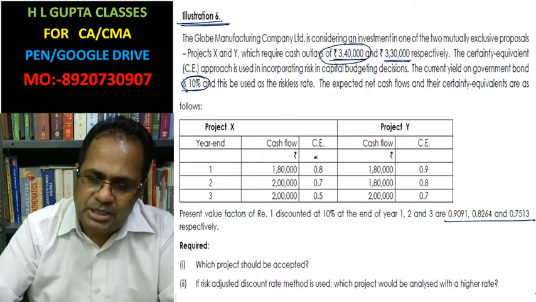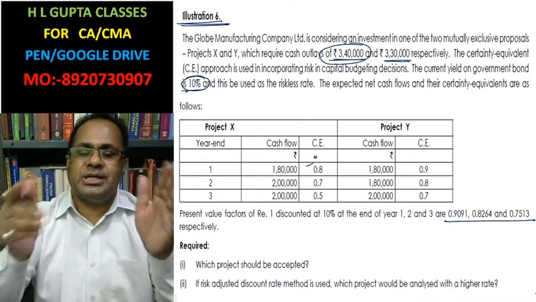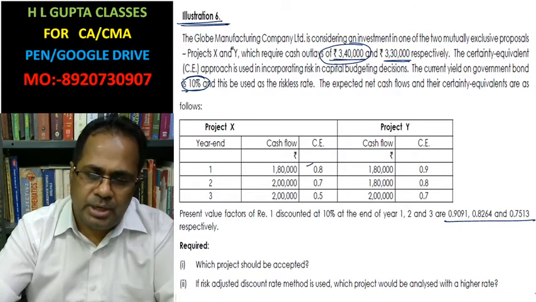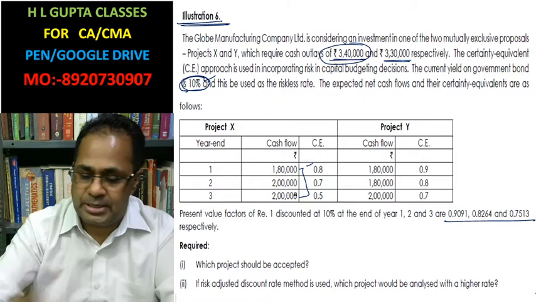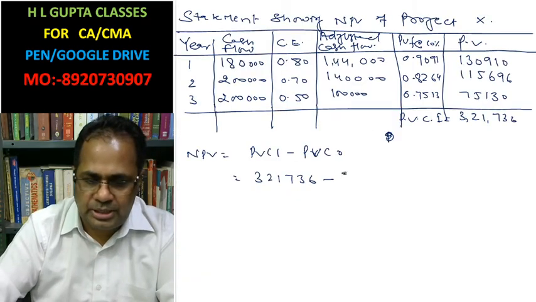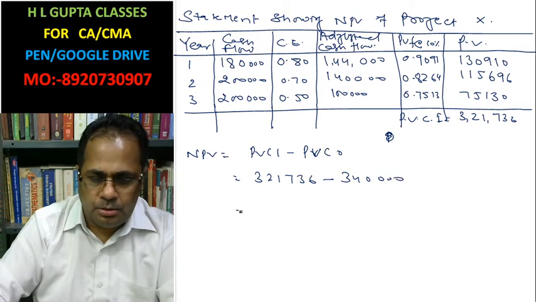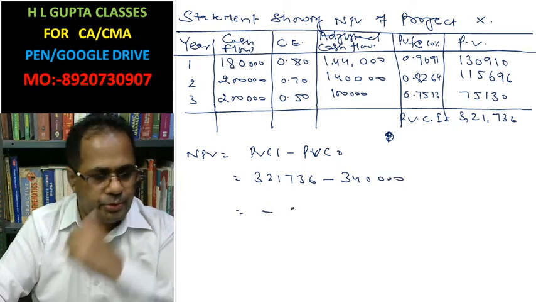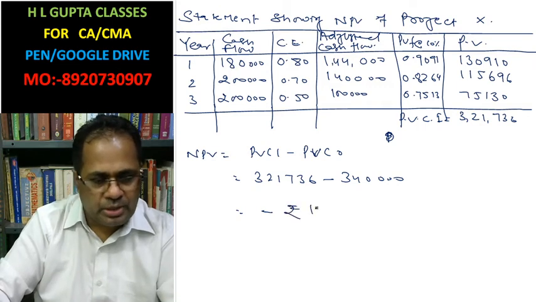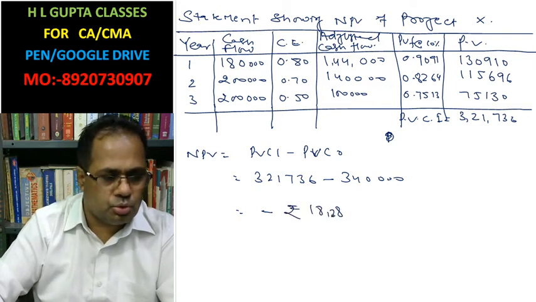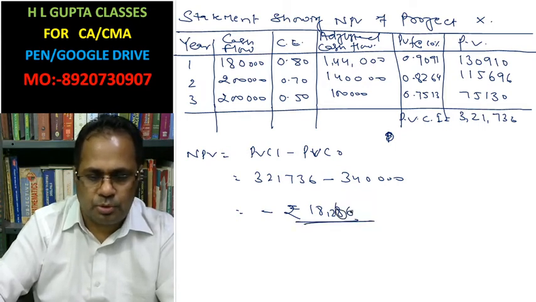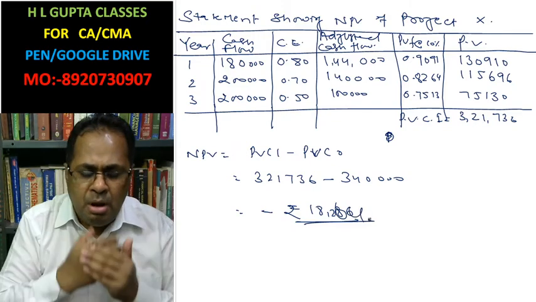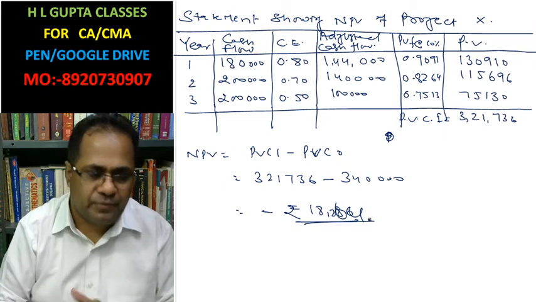And this certainty equivalent is used to calculate adjusted cash inflow, where wherever net present value without risk is considered, you must adjust the cash flow with the certainty equivalent factors. 3,40,000 minus 3,21,736 gives minus 18,264. This is with the certainty equivalent factor.